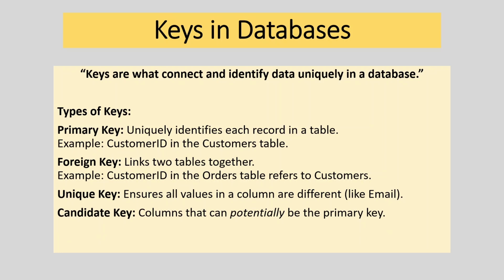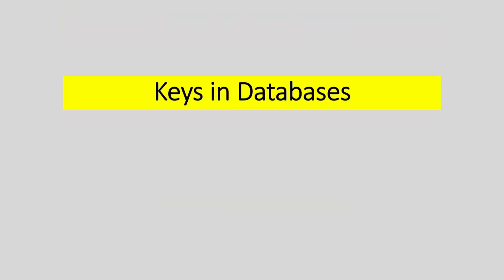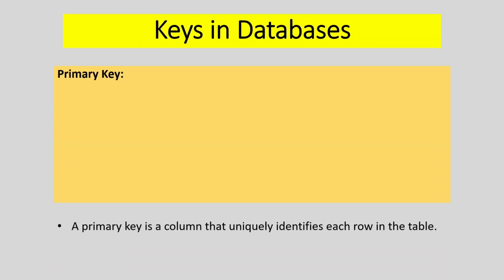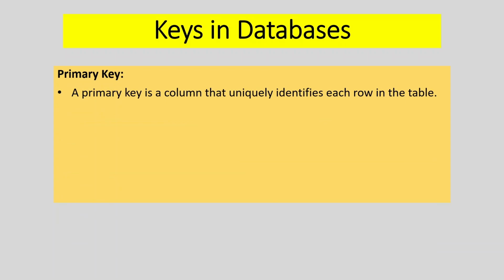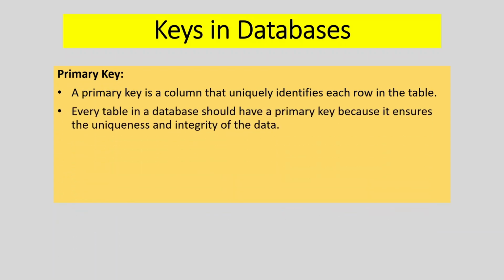Okay, now let's go deep into one by one. First is primary key. Like I said, a primary key is a column that uniquely identifies each row in the table, and every table in a database should have a primary key because it ensures uniqueness and integrity of the data.